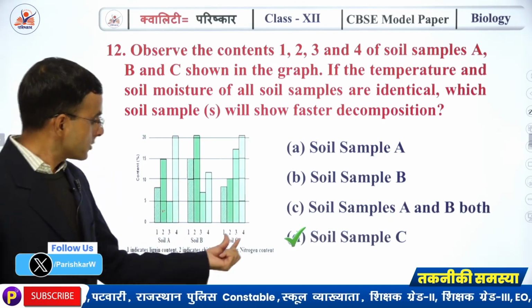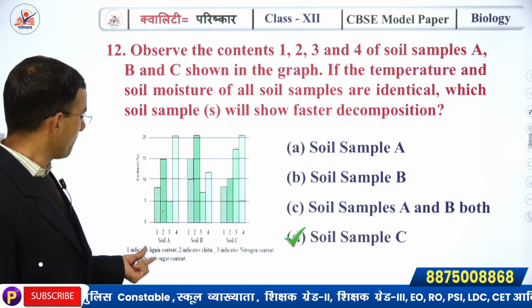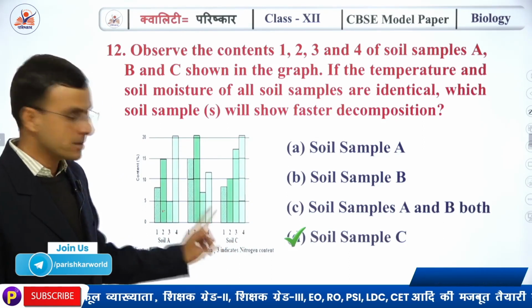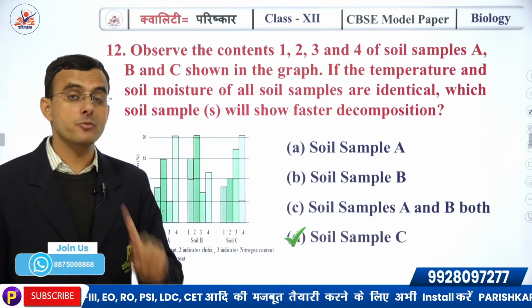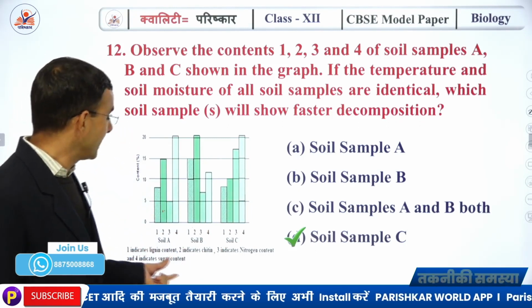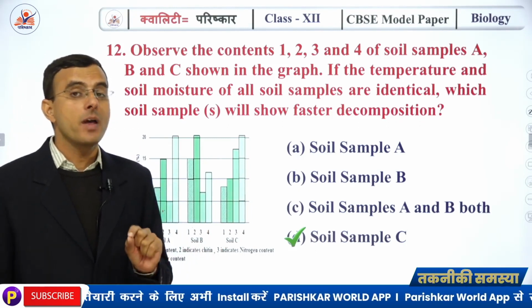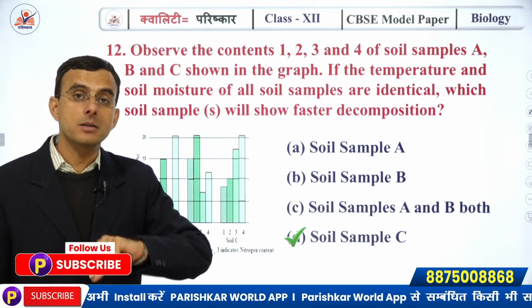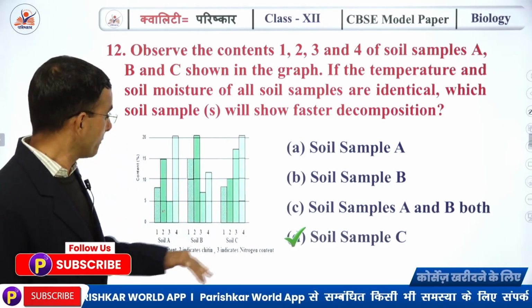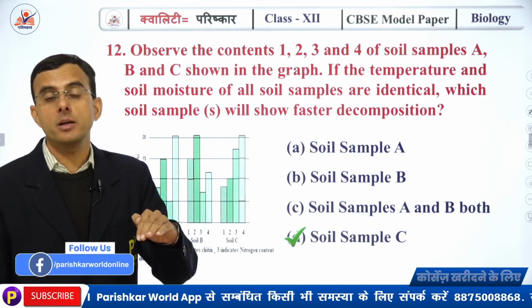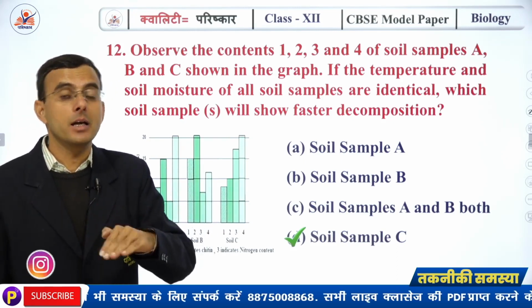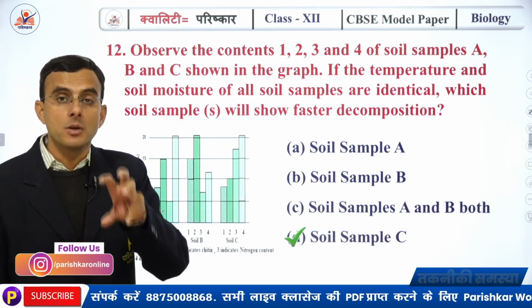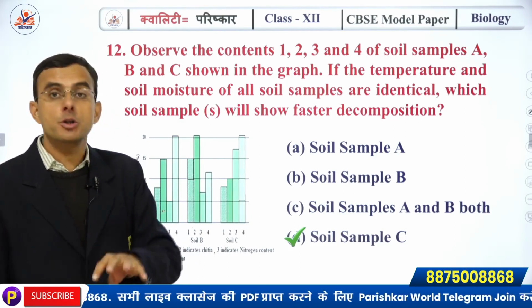Look at this soil sample: lignin is very much less, and chitin is very much less, because we know that lignin and chitin are not degraded quickly. If they are present in a larger amount in a soil sample, it degrades very slowly.